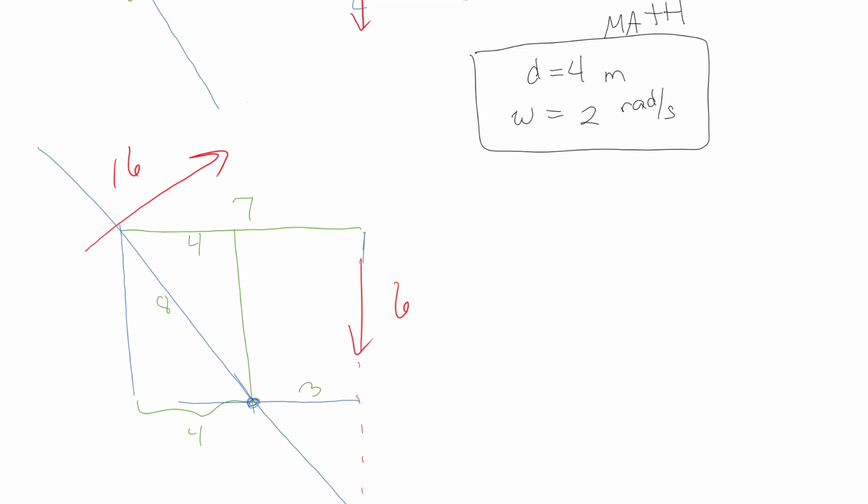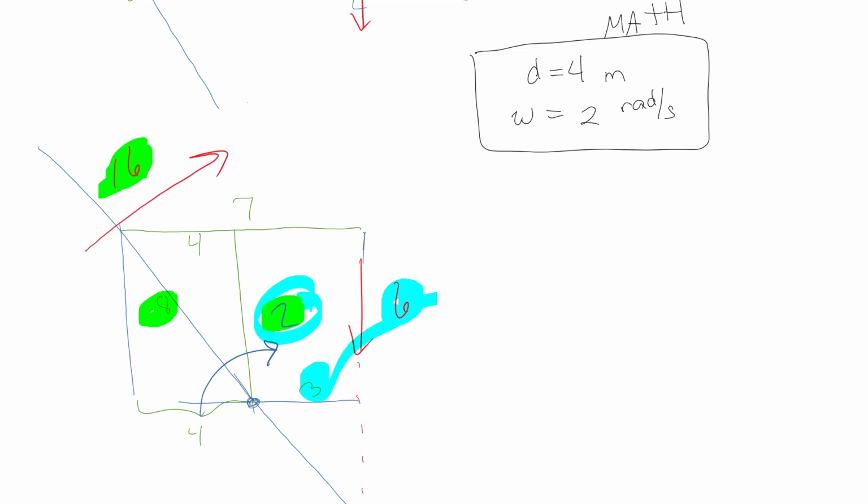Okay, so this distance is 8, and it's going around at a rate of 2. So 2 times 8 gives me 16, and 2 times 3 gives me 6.